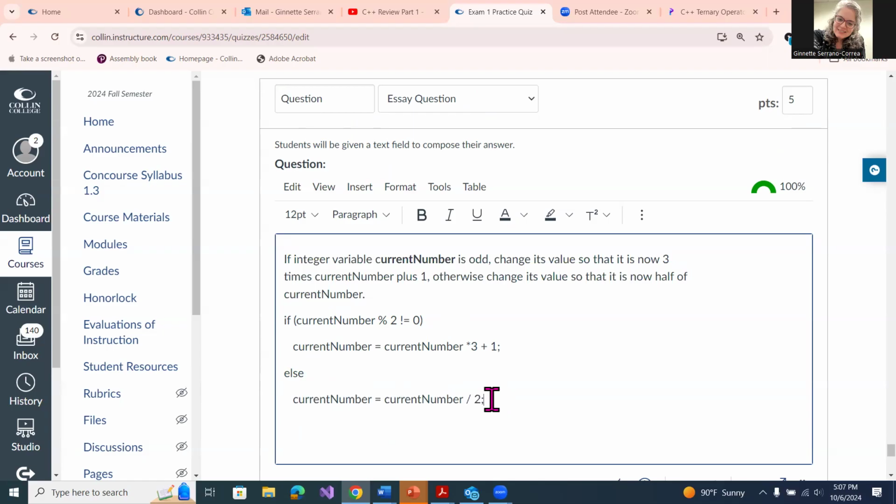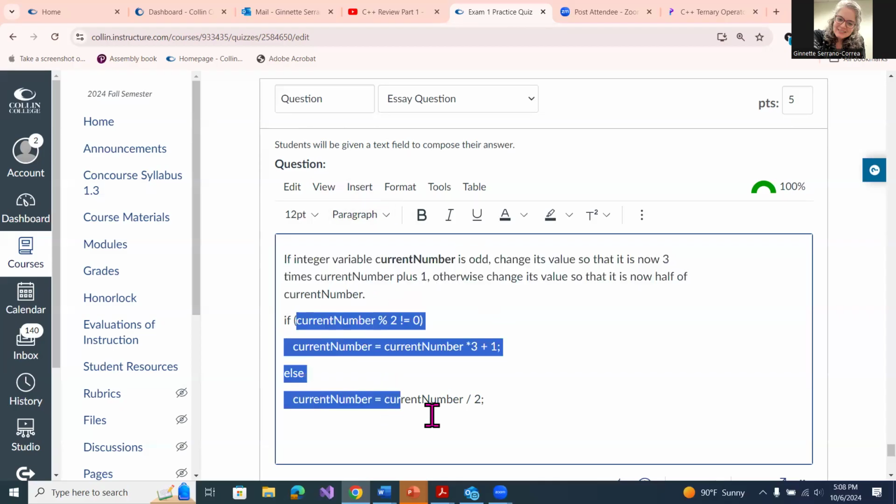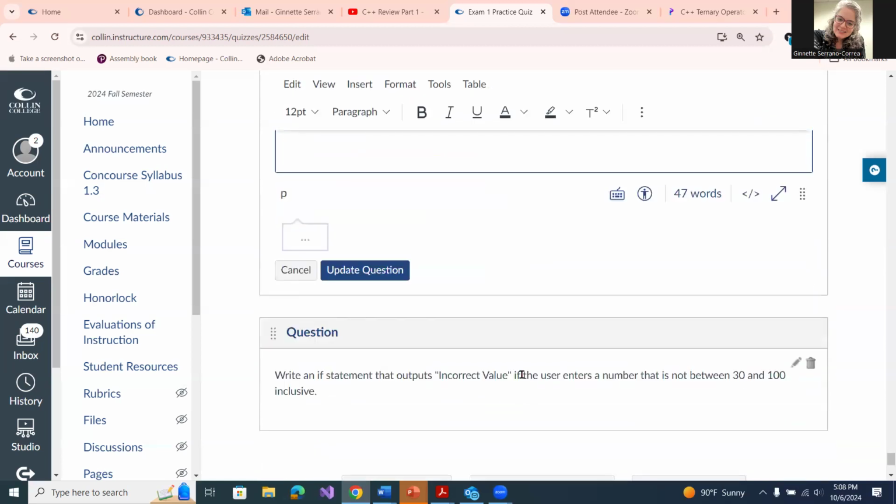So if it's an even number, that's fine. It's going to be a 10, a 6. So 6 divided by 2 will be 3. Yeah, this will work perfectly. And here's 3 times the current number plus 1. I go back and I read and I do as I'm reading it.